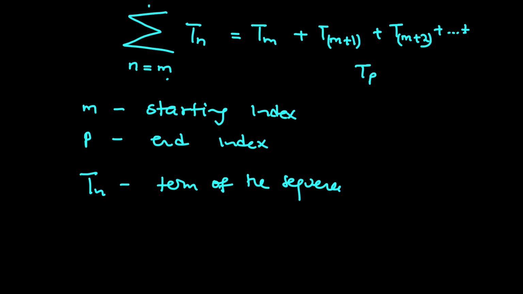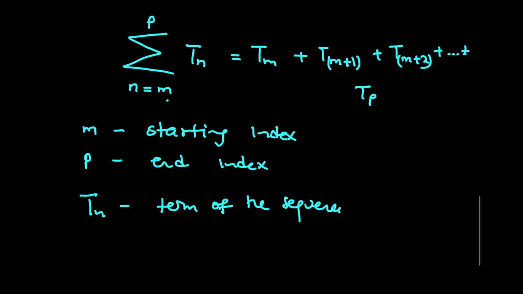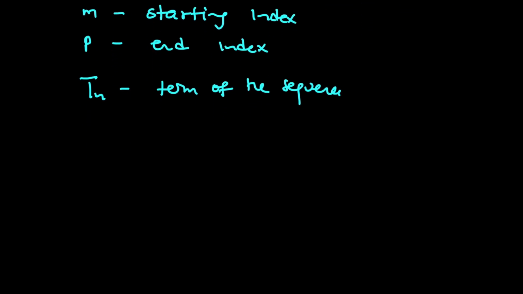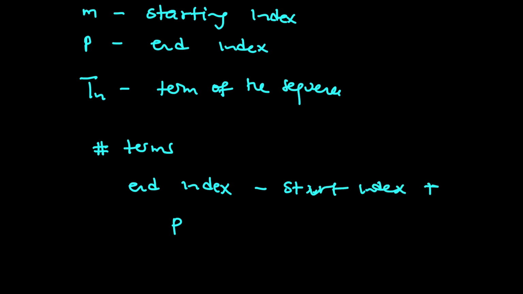And then the number of terms that you're going to have here, there's actually a simple formula. If you are asked that question, the number of terms in this series will equal the end index, in our case p, minus the start index plus 1.